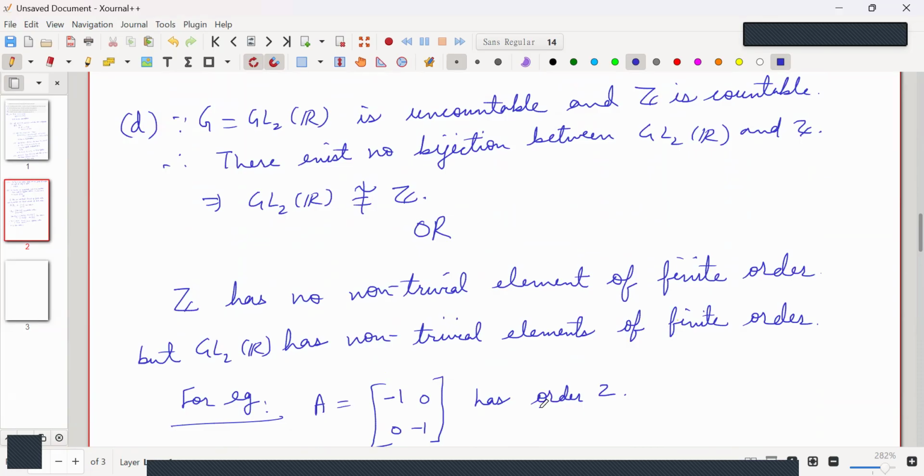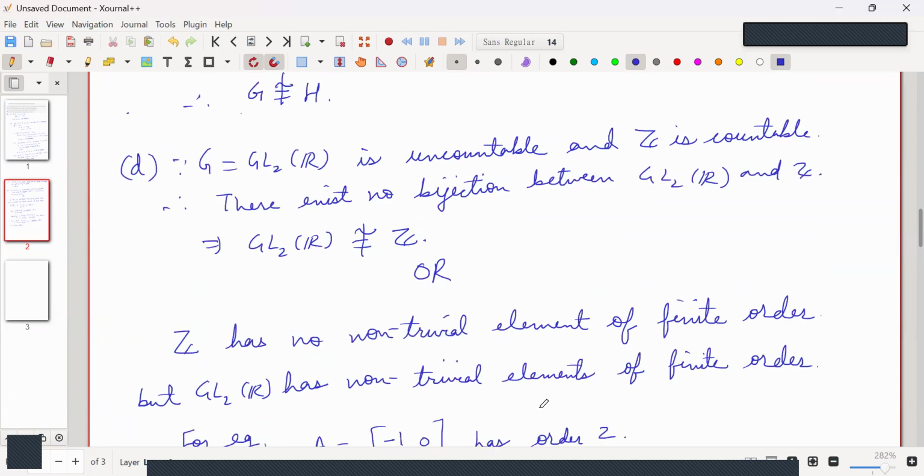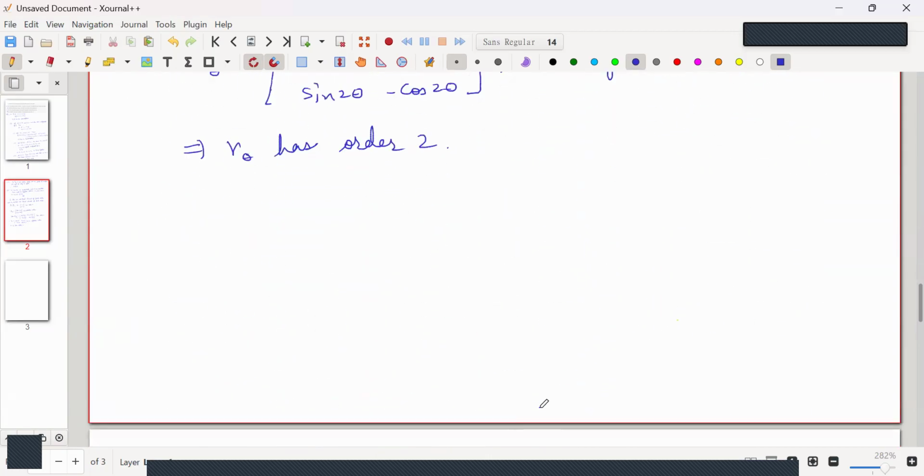Here, there are zero non-trivial elements of finite order, and here there are uncountably many elements of finite order. So they not just differ as sets, as groups, they differ a lot. Okay, so that was the point I want to emphasize. But the answer that you gave is also absolutely fine. So if it is fine, then let's go to the next question.